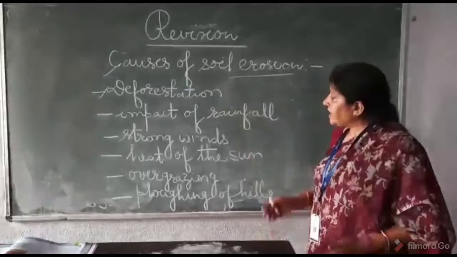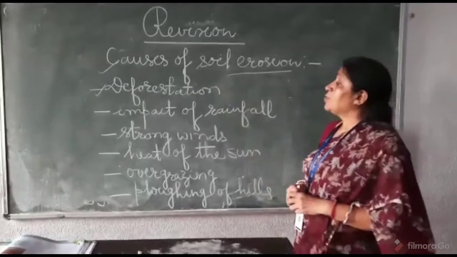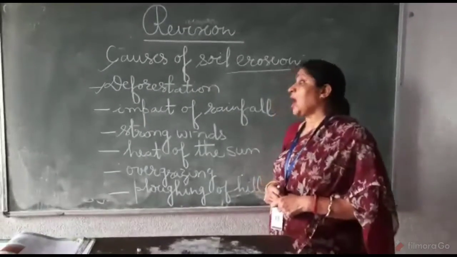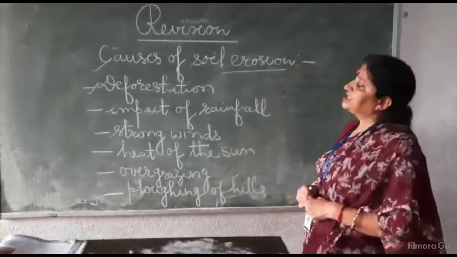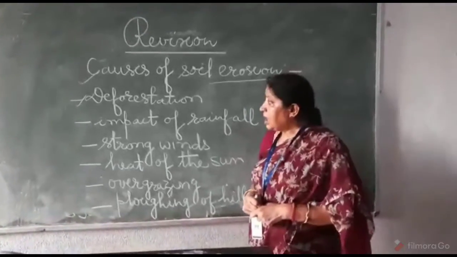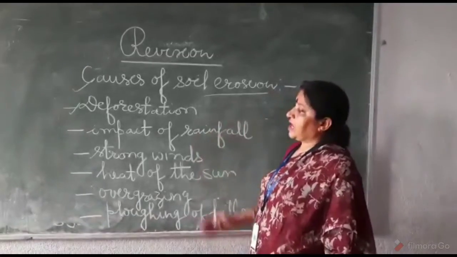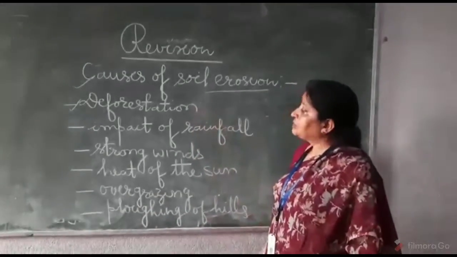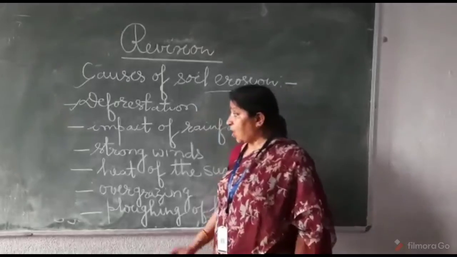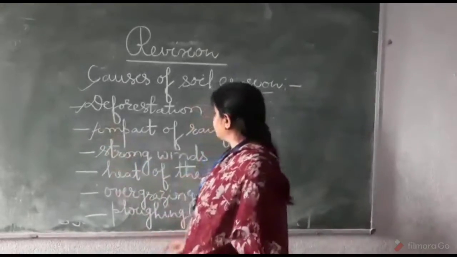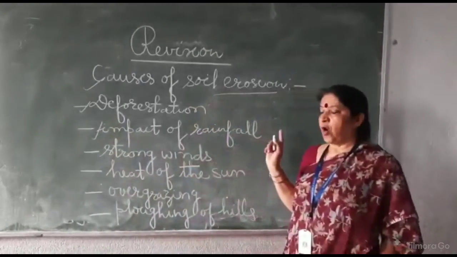When we cut the trees, the roots are not there to bind the soil, and it becomes easier for the wind, the sun and the rain to wash away the topsoil. So deforestation is the first cause, and the second cause is impact of rainfall.